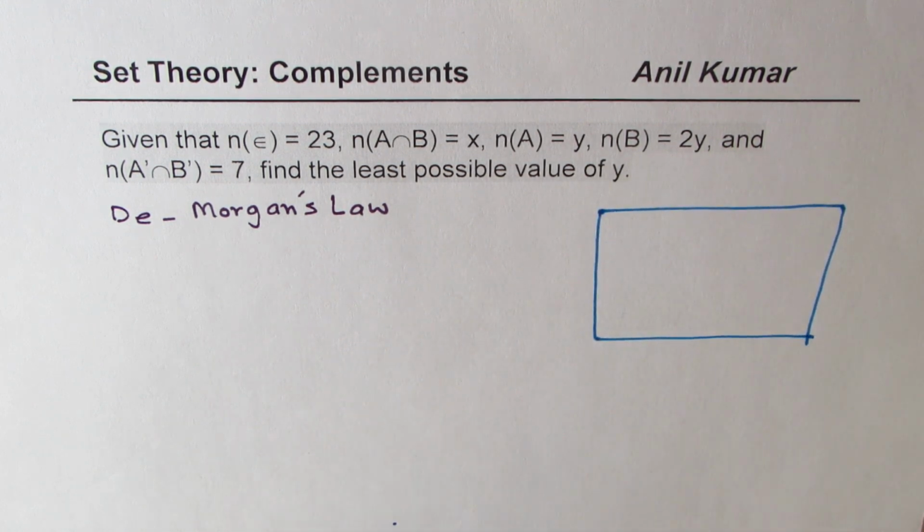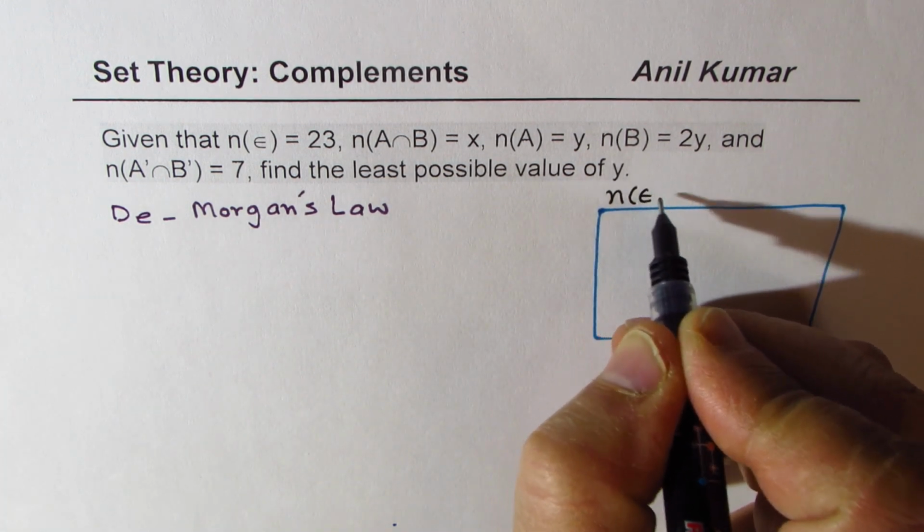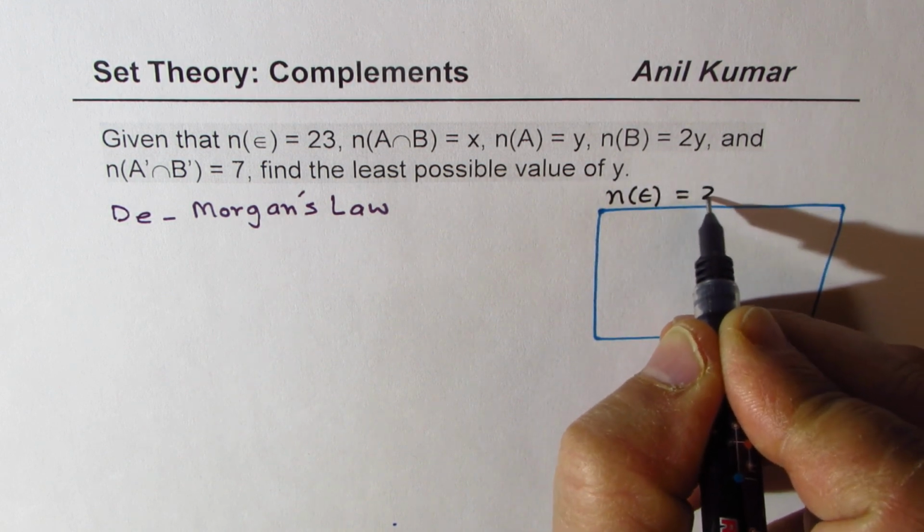So let's say this is the universal set, and what we are given here is that the total number of elements in this universal set is 23.